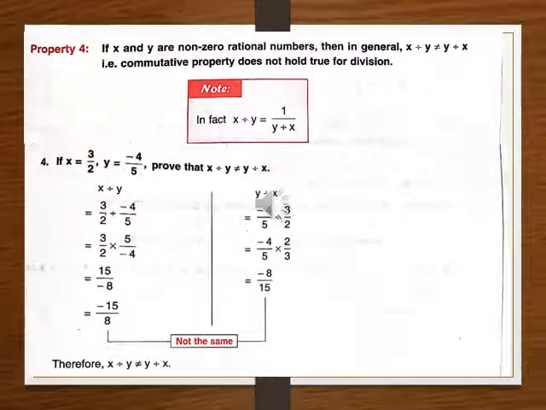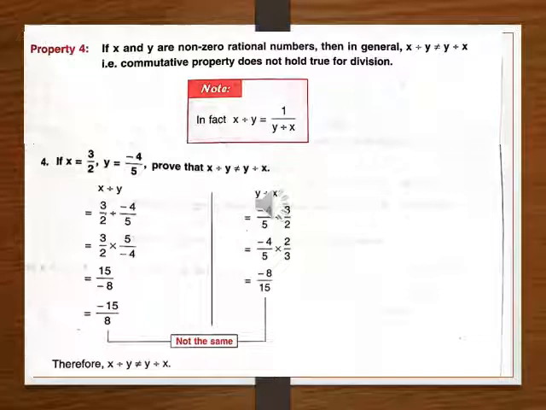Fourth property: if x and y are non-zero rational numbers, then in general x divided by y is not equal to y divided by x. So the commutative property does not hold true for division. For multiplication it is true, and for addition it is true.